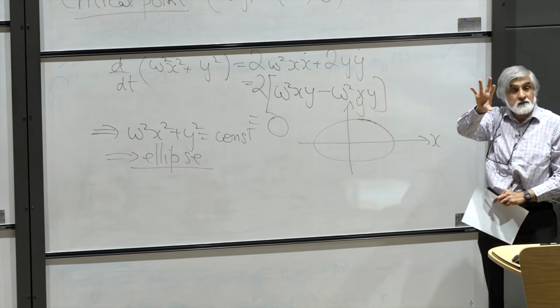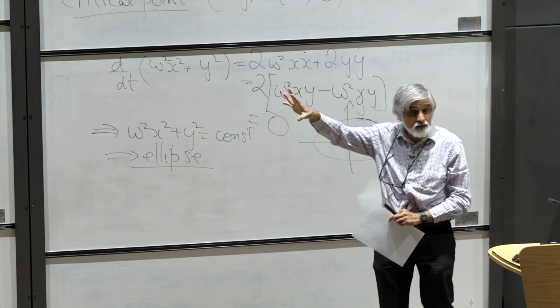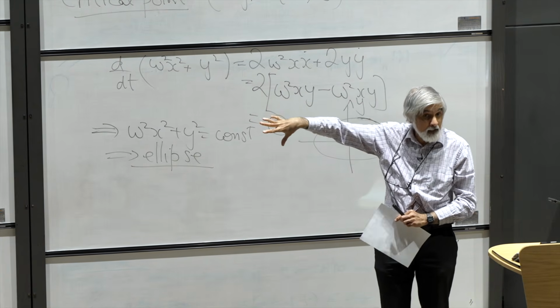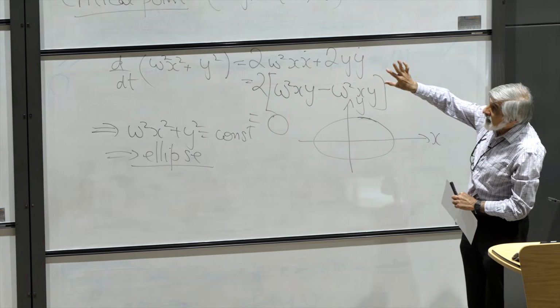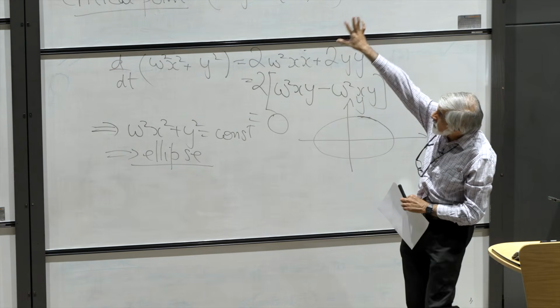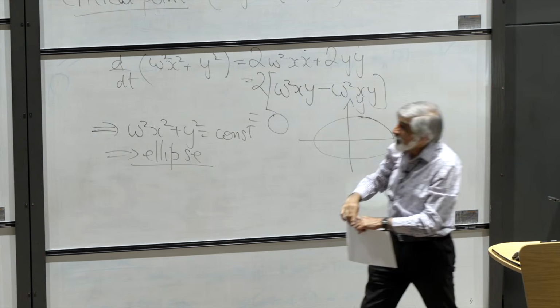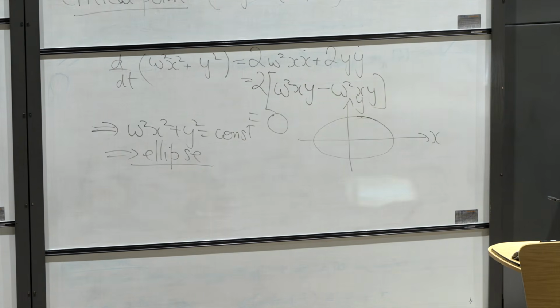Why don't I write x as a function of t and y as a function of t and plot that? Well, this is a sort of trivial example, but imagine if this was, say, two species interacting with each other.